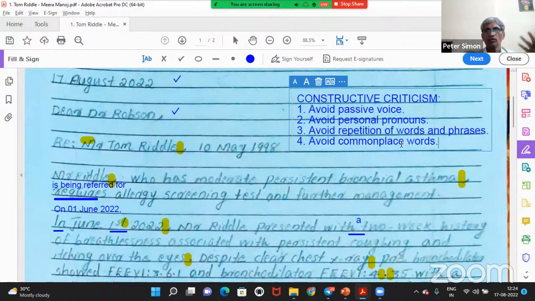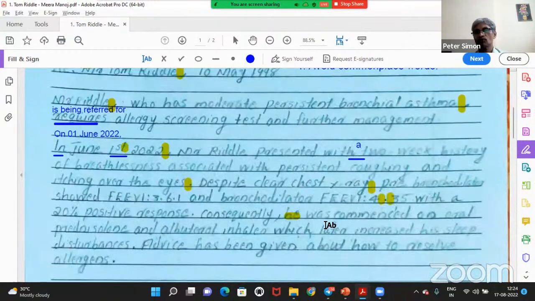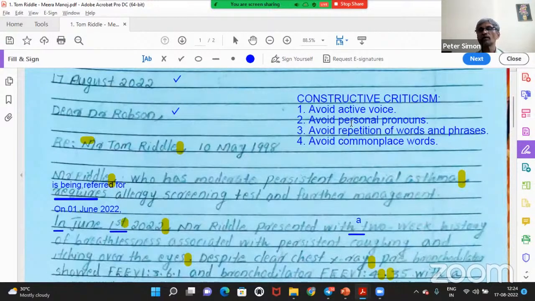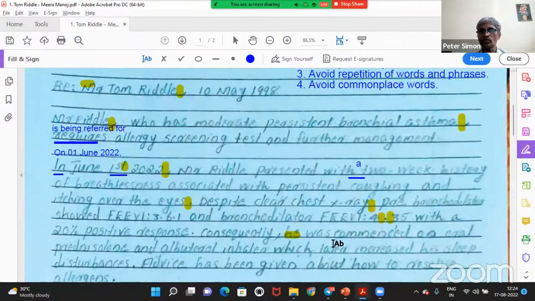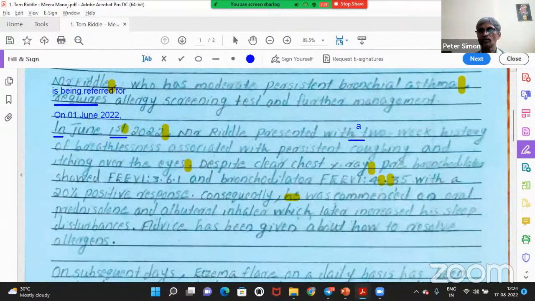In this sentence, it is definitely right. This is passive voice only. He was commenced. But the second thing, personal pronouns: he, she, it, I, we. Avoid those things as far as possible. That is the weak point here.